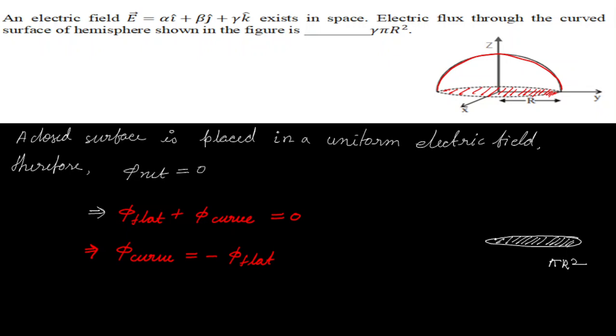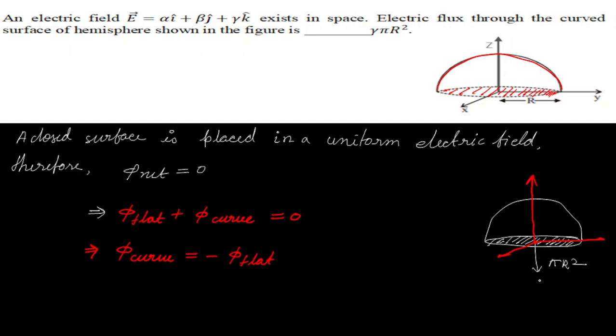Pi r square. And since it's a closed surface, if we want to write the direction of the area vector on the flat surface, we have to draw an outward normal. In this case the outward normal will be downward. According to the figure, let's say this is the origin, this one is y, this one is x, and the upward direction is z.